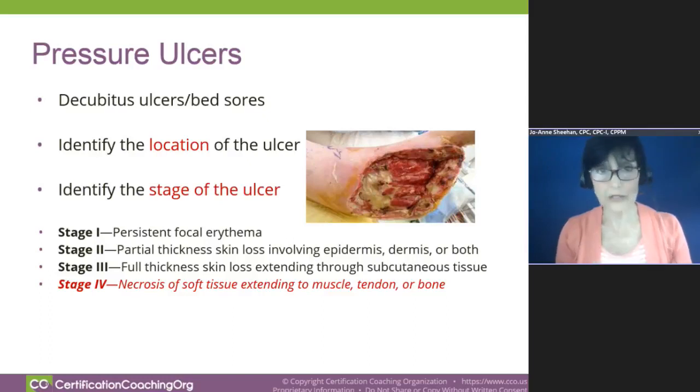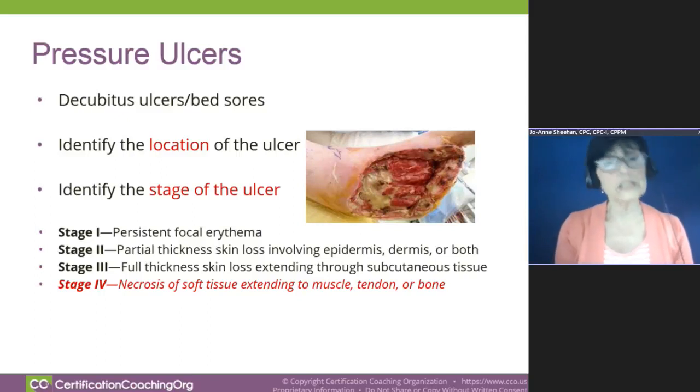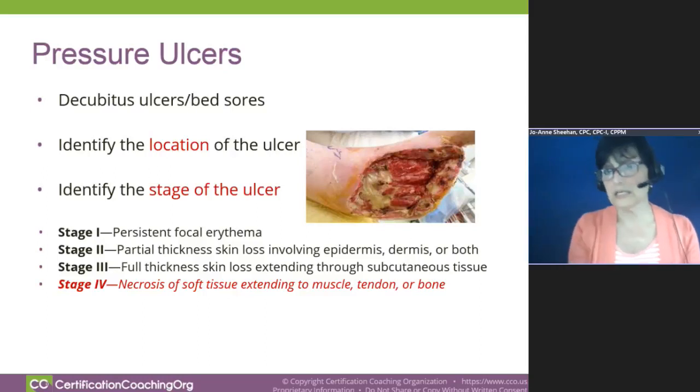I have seen some of these pressure ulcers when I was a young girl working as a unit secretary in a hospital, on a cancer floor, and patients needed to be rotated all the time when they were there for extended periods. And even then, it was very difficult to treat. I've never seen one as bad as this, but I have seen them, and the nurses work very hard to avoid this.